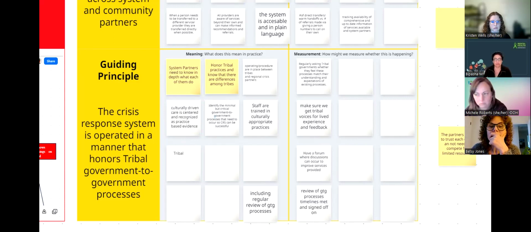I see there's, great. So would anyone like to make any general observations of what we've identified here in terms of the meaning, or things that are standing out to you in terms of the meaning, and how we might measure how these things are happening?